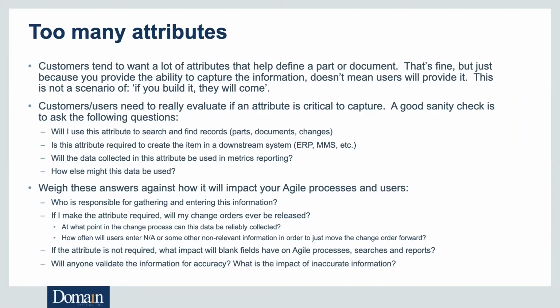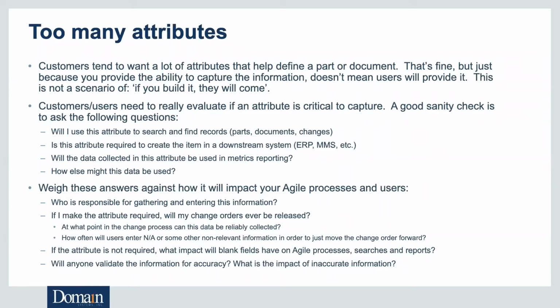In fact, if it were up to me, 90% of all attributes on an item or change or whatever would be set to a required status somewhere along the releasing path, that would ensure the attribute is necessary to the company, value added to the users, and provides insight into any problems or issues that you may encounter.